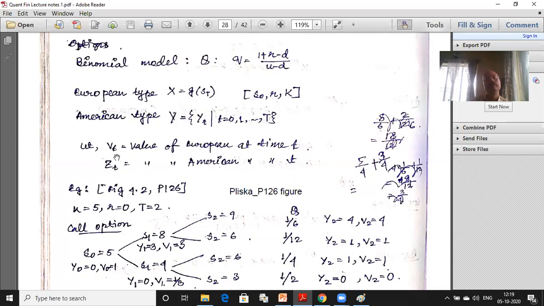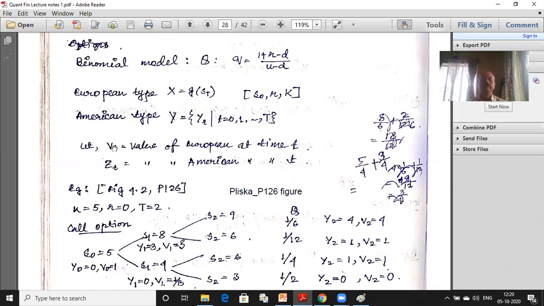So at all intermediate time points, I can, in principle, find out the value of the European contract that I call V_t, and the corresponding American option's value I call Z_t. So V and Z will be dependent on this X and Y, of course, on Y basically, because X is already in Y. So our valuation of options will be through finding the values for Z_t and V_t.